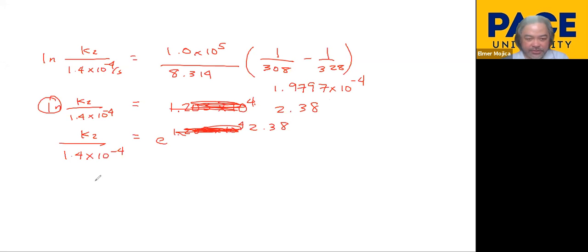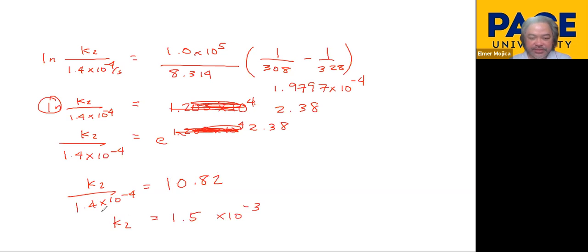So I have K2 equals 1.4 times 10 to the negative 4, like this. And if I cross multiply it with 1.4 exponent negative 4, I will get around 1.5 times 10 to the negative 3 as the K.